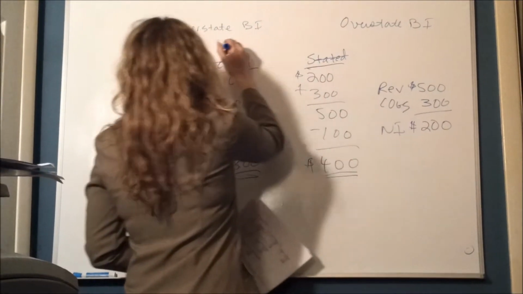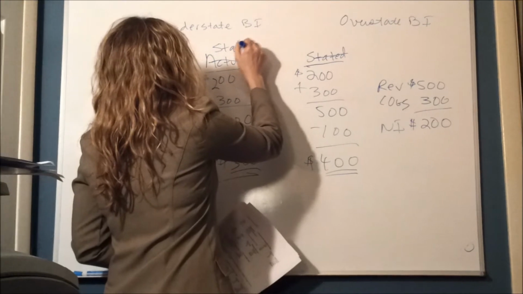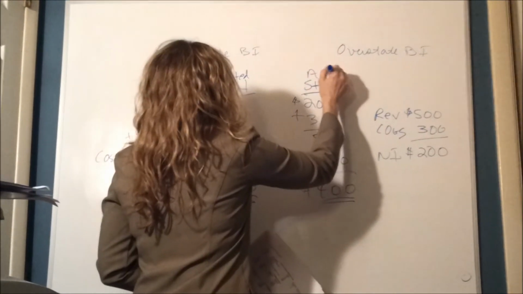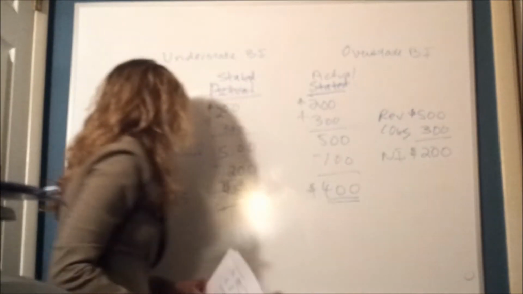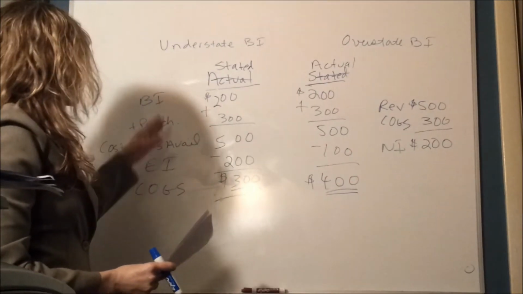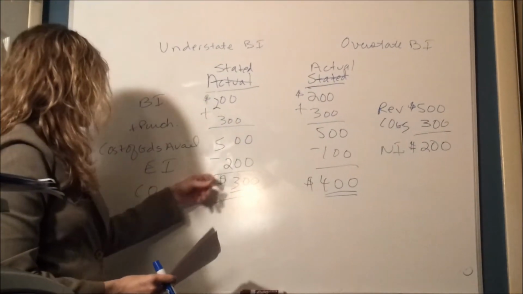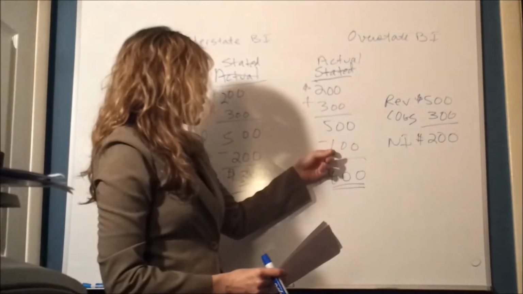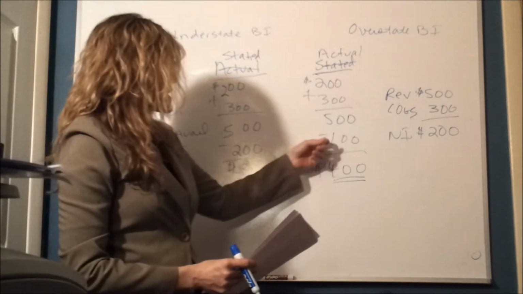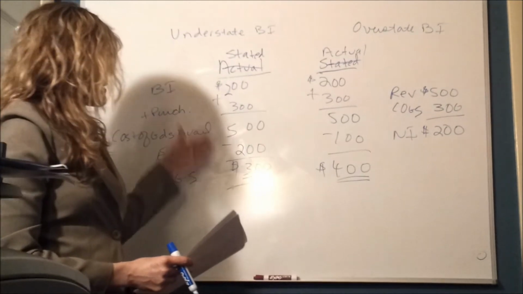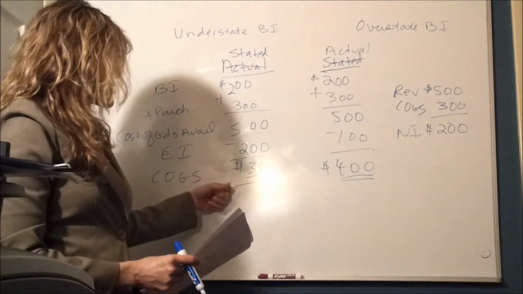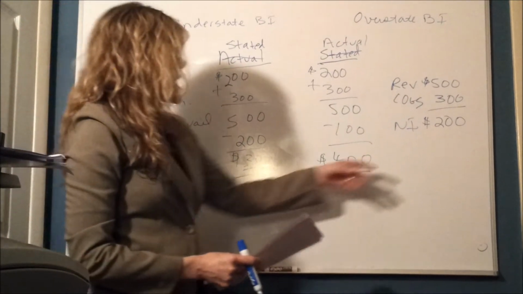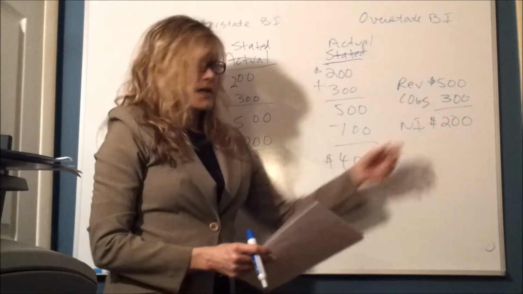If we do this in reverse, now in this case, we thought our ending inventory was 200, when in fact it was 100. Now we've overstated our ending inventory. The impact of this is we understate our cost of goods sold, and we're going to overstate our net income.